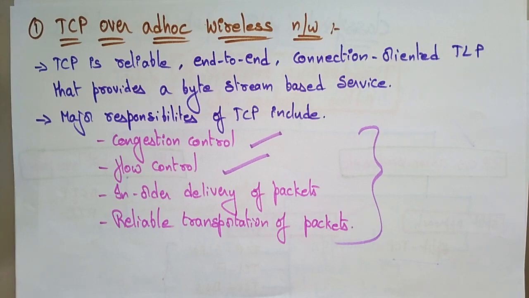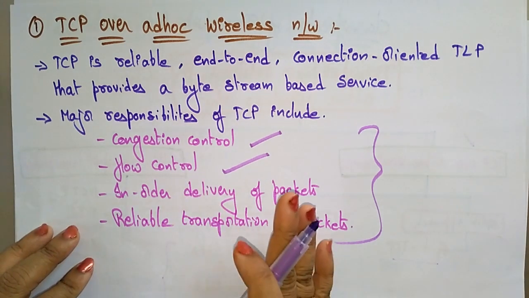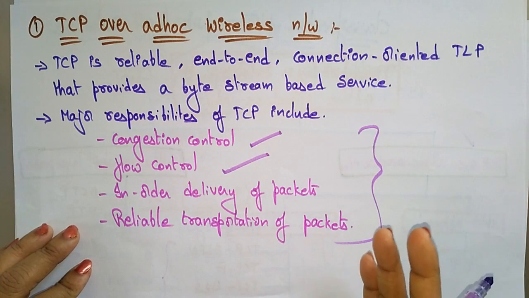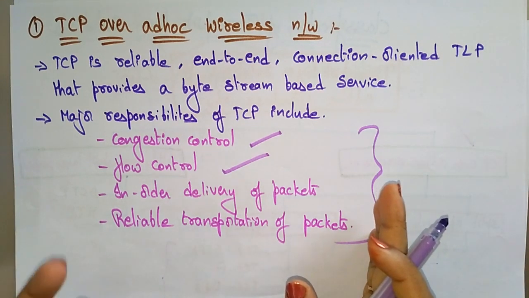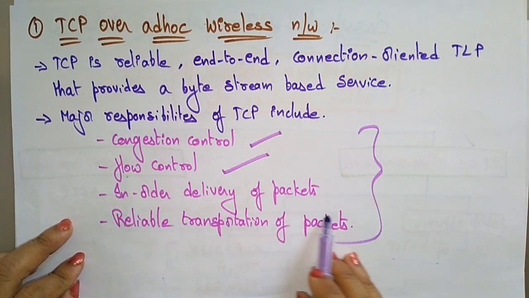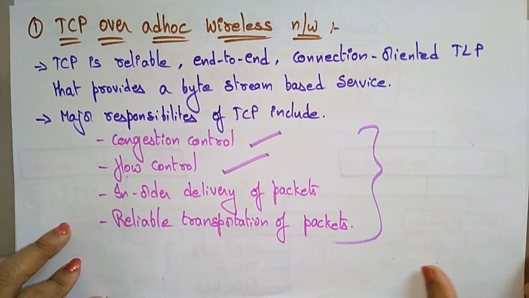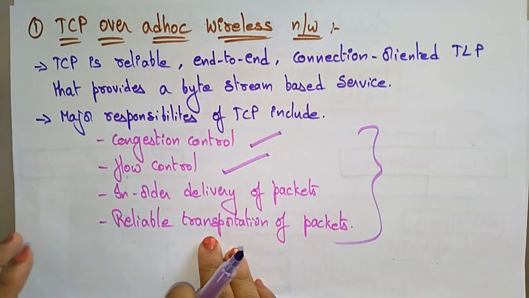What are the major responsibilities of this TCP? The major responsibilities are congestion control, which it has to take care of whenever the buffer is full, flow control, in order delivery of packets, and reliable transportation of the packets. So these are all the responsibilities of the TCP.